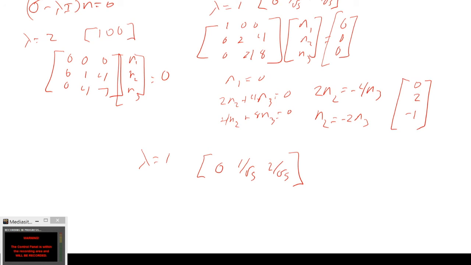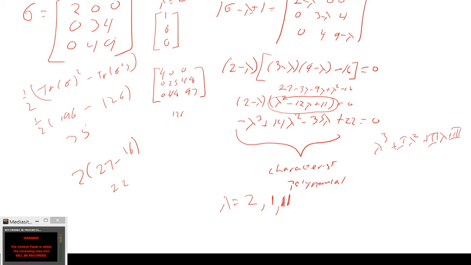Okay, so for class, I want you to be proficient with using your calculator or your computer or whatever, however you want to do it, with finding the eigenvectors and the eigenvalues. On the exam, most of the time you're going to end up with a matrix that looks like this, where you can know one of the eigenvalues by inspection.